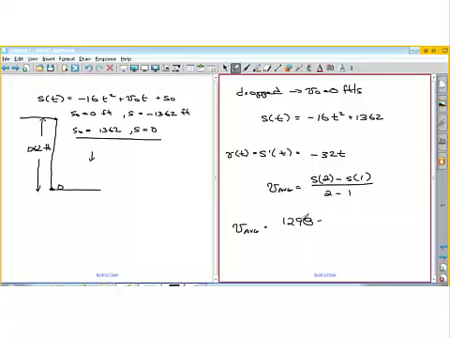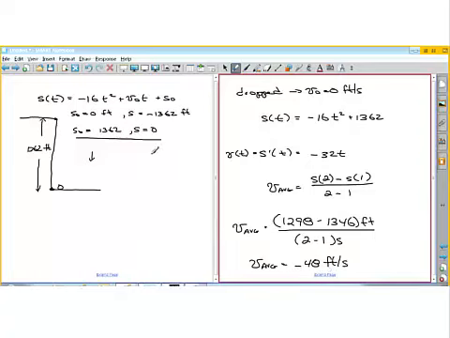And then if you enter 1 in instead of 2 into the equation, you get 1,346 feet. So those are both in feet. And you divide by 2 minus 1 seconds. So the average velocity, 1298 minus 1346 divided by 1, is negative 48 feet per second. So that's the average velocity.